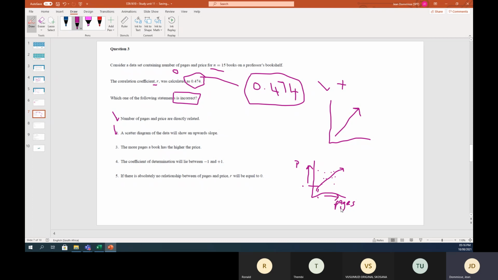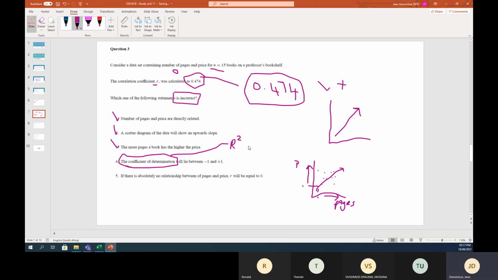Or it can be the other way around, that the more pages there are in the book, the higher the price. But it could have been the other way around as well, the higher the price, the more pages. It doesn't matter in this instance which one is causing the other one. The coefficient of determination. Okay, the coefficient of determination is R squared.